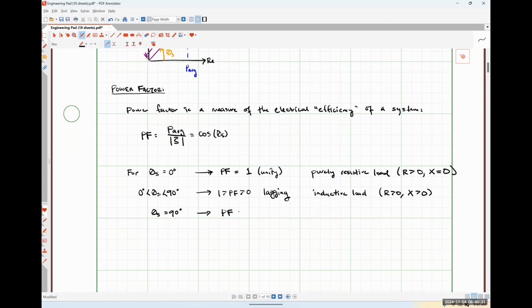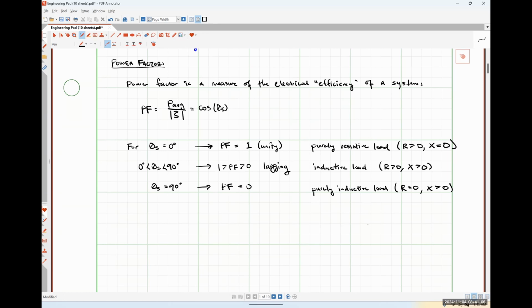So our power factor is exactly equal to 0, meaning we're operating at effectively no efficiency whatsoever, or all of our load is reactive. Okay. So for theta s equal to 90 degrees, that means that we're dealing with a purely inductive load where our resistance is 0 and our reactance is positive.